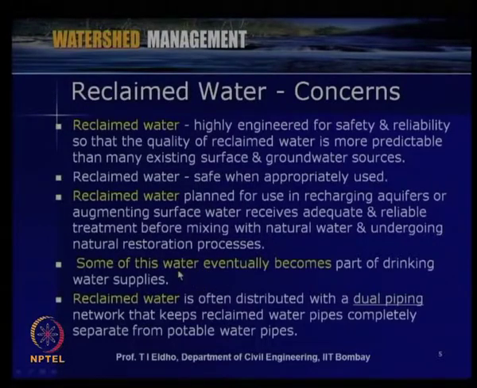And in a township or an area, if we are going to directly utilize the reclaimed water, it is always better to have a dual piping network, so that the intended purpose of this reclaimed water, for example irrigation or flushing systems, is served.